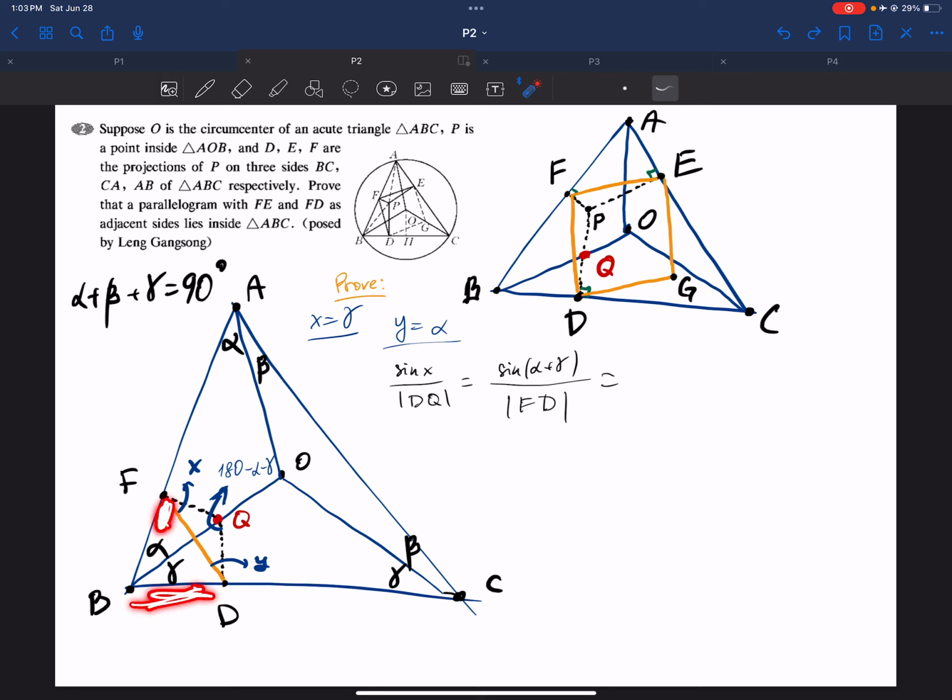But sine of this angle is actually cosine of x, because together they form the right angle. So now I got cosine of x divided by the length of BD.